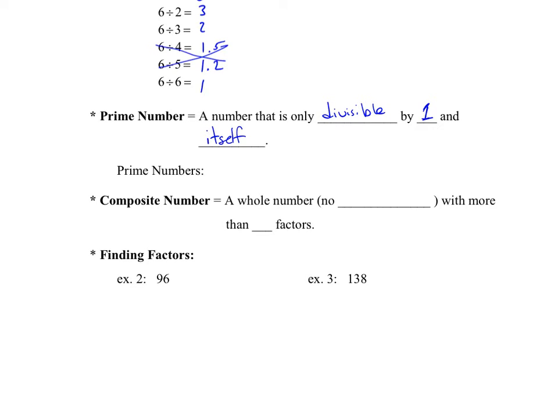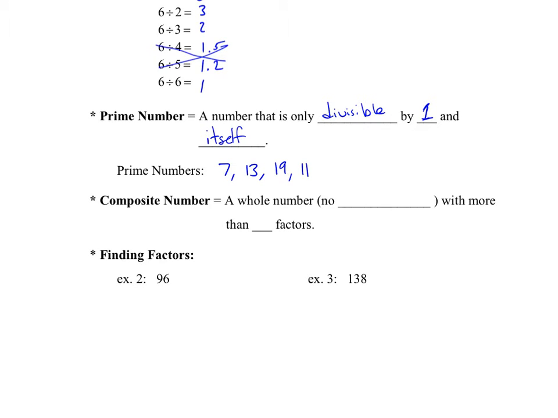So some prime numbers: 7, 13, 11, 19, 17.